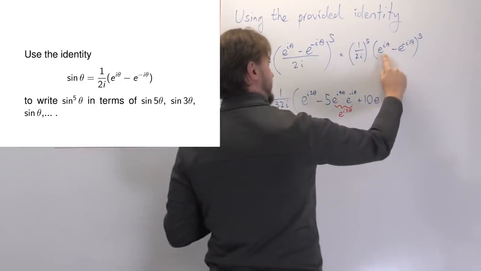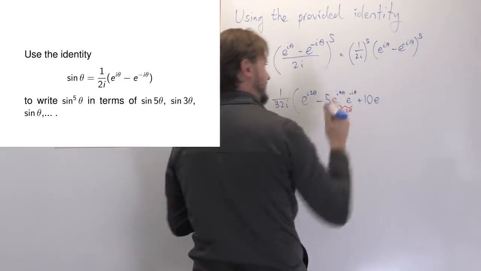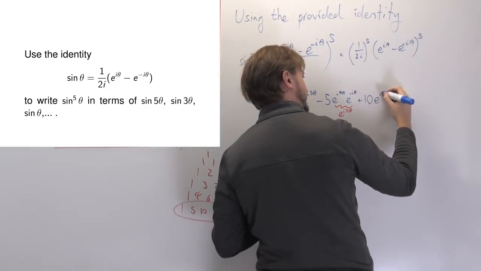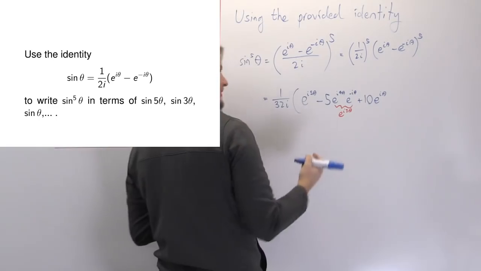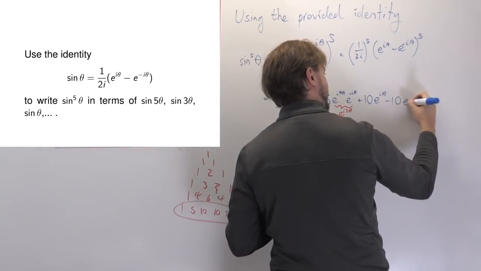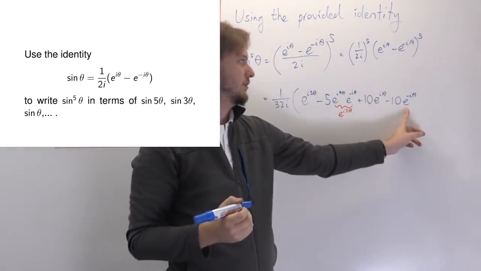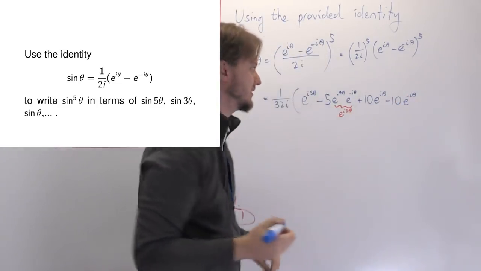Here I'm going to get 3 of these and 2 of these, that's a 3 minus 2, which is just e to the i theta. Minus 10 e to the minus i theta. So that's really a 2 theta minus a 3 theta, if you get that.